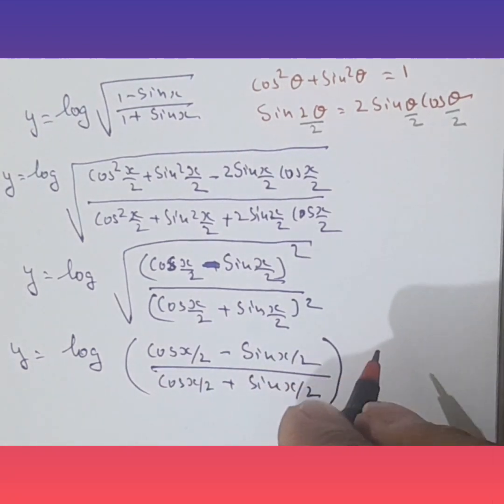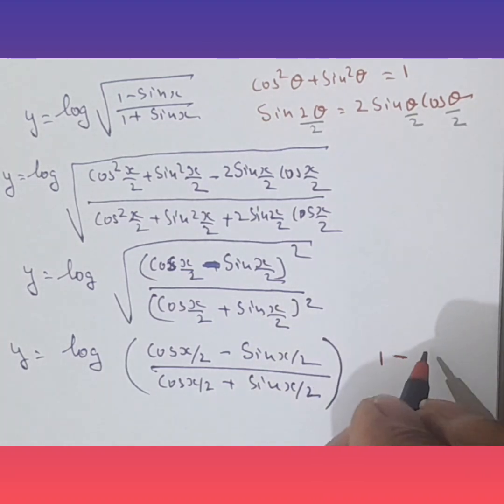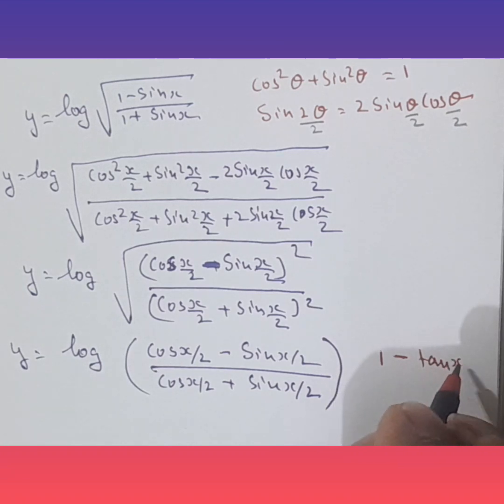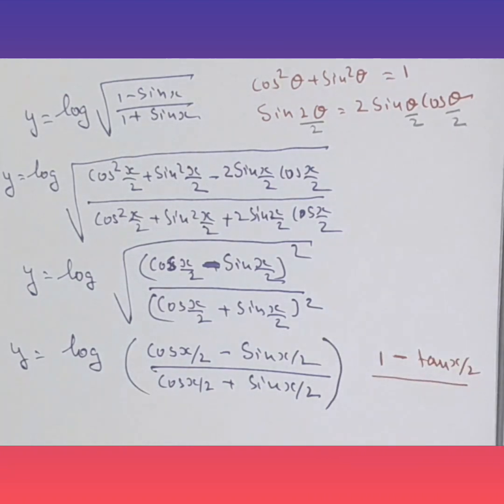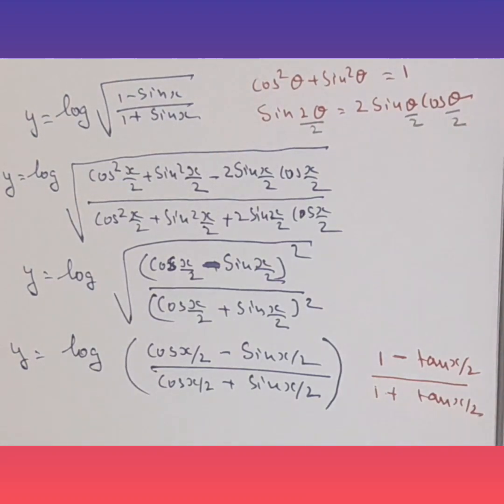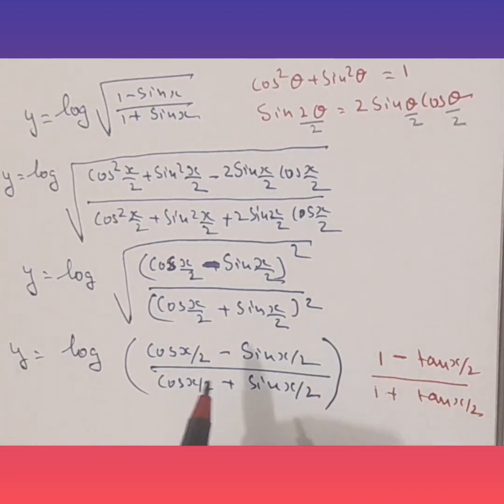So cos x by 2 by cos x by 2 is 1, minus sin x by 2 divided by cos x by 2, that would be tan x by 2, divided by, again here, 1 plus tan x by 2. Alright, so tan x by 2.